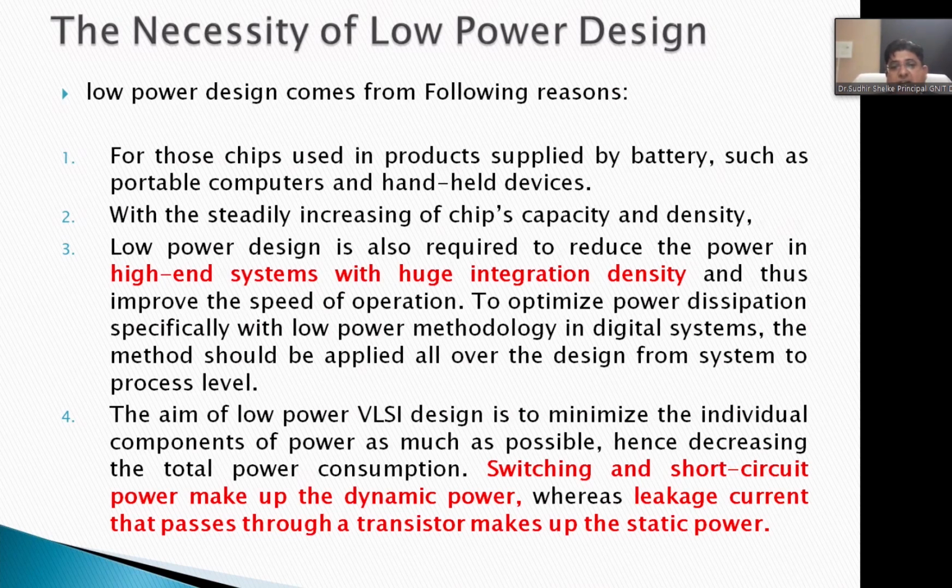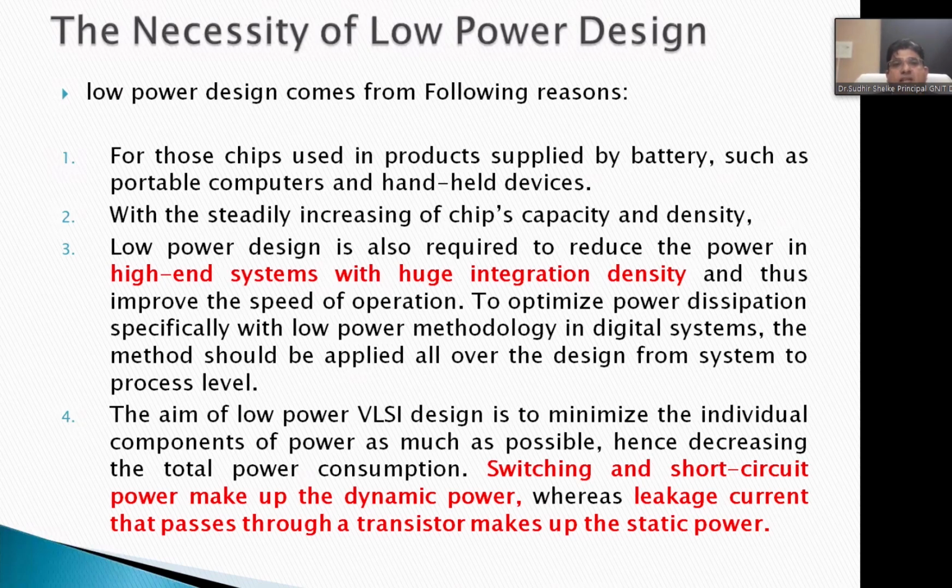Switching and short circuit power make up the dynamic power, whereas leakage current that passes through a transistor makes up the static power. These two powers, dynamic power and leakage current, have to be reduced significantly, and that results from low power design methodology techniques.